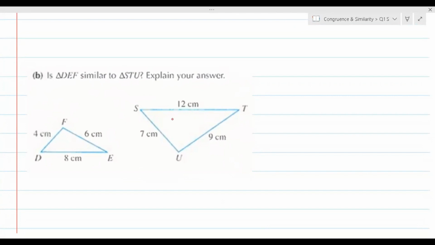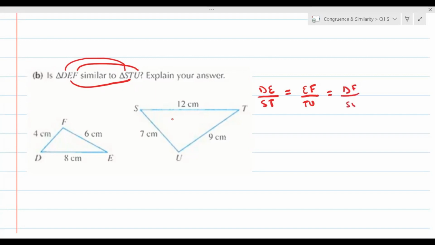Is the triangle DEF similar to triangle STU? तो ट्रायंगल D का पॉइंट S सेम है, E के साथ T सेम है और F का पॉइंट U सेम है. तो कैन आई से दैट DE upon ST, ये दोनों सेम आ गया. उसके बाद इनका रेशो शुड बी इक्वल टू द रेशो ऑफ EF ओवर TU, ये दूसरा वाला आ गया. और फिर थर्ड वाले में DF should be the same as SU.